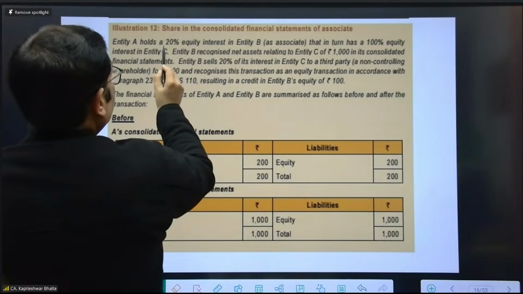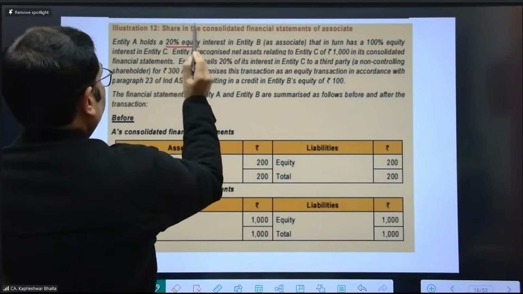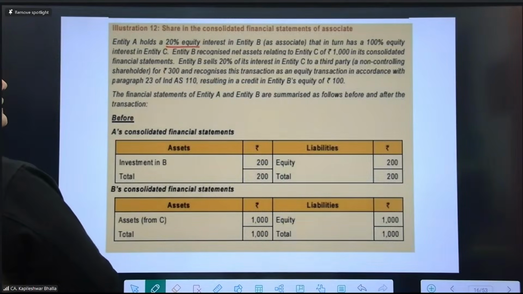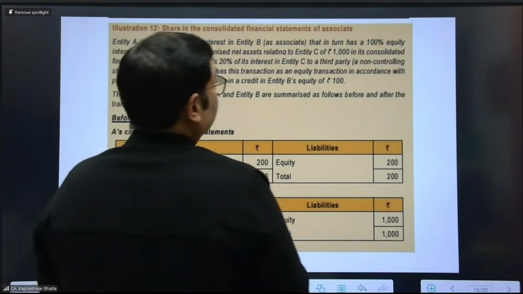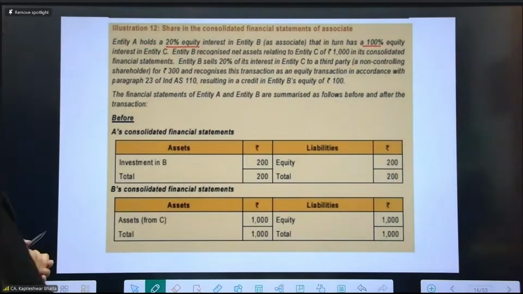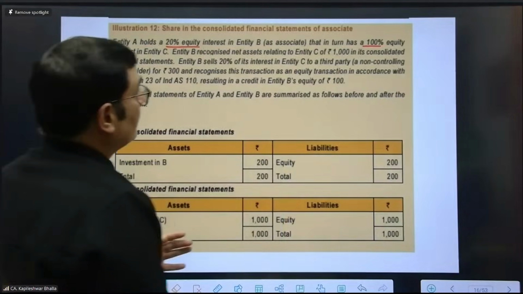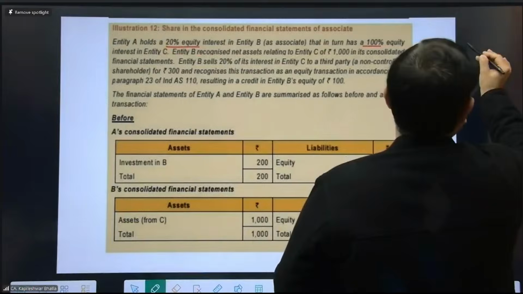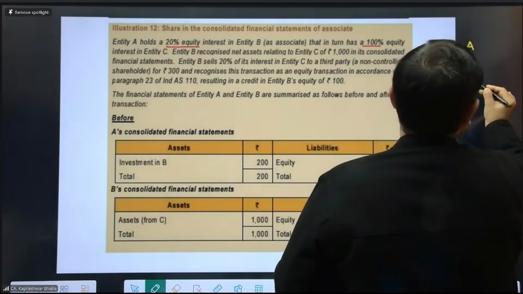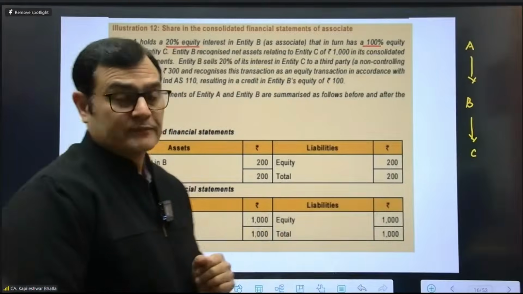It says A has got a 20% equity interest in B, an associate, and B in turn has got a 100% equity interest in C. Now let's visualize. I'm given a chain, A in B and B in C. This is the chain holding which is given.